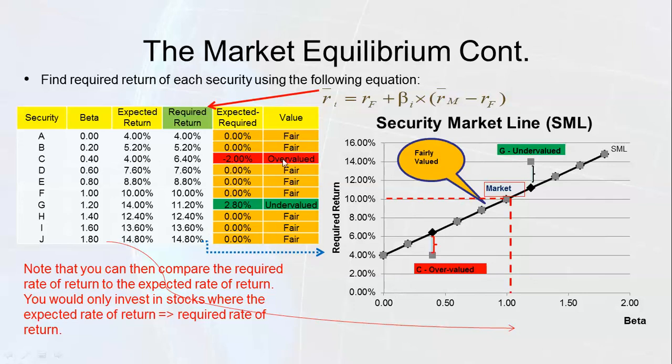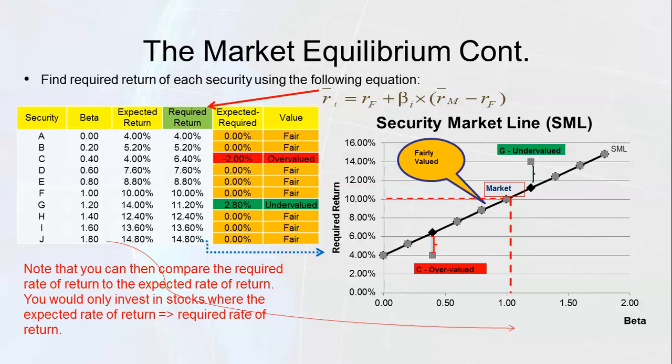But look at this security C. The required rate of return on security C is 6.4%. This security has a beta of 4. So if the beta is 4, you should get 6.4% compensation for bearing that beta.